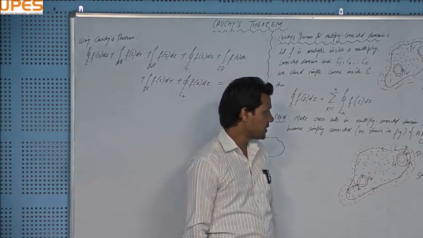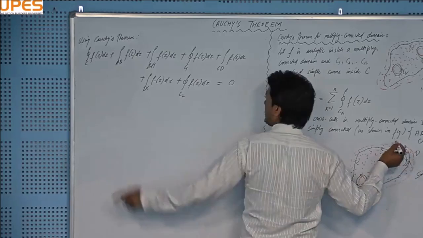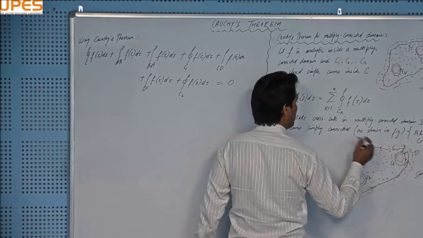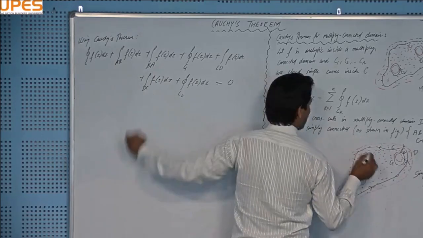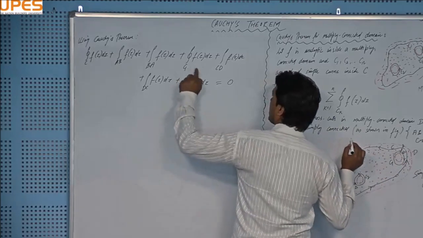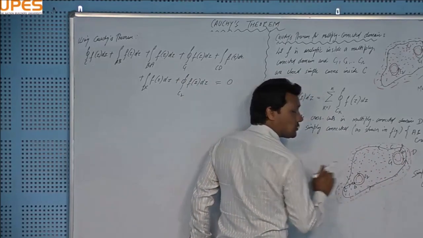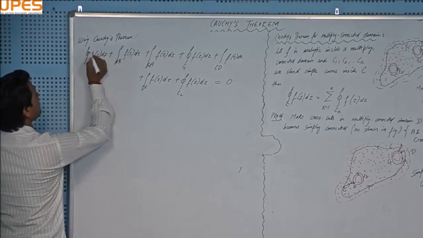And you can see that this integral represents the integration along this C, and along AB this one, then BA this integral, then C1 this integral. And one more thing, you can see that along C the direction is anti-clockwise, so I make an anti-clockwise arrow like this small arrow.